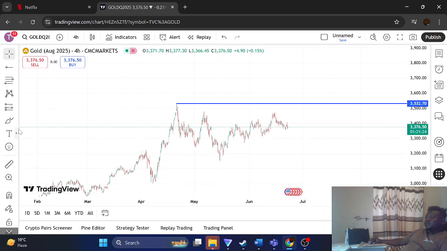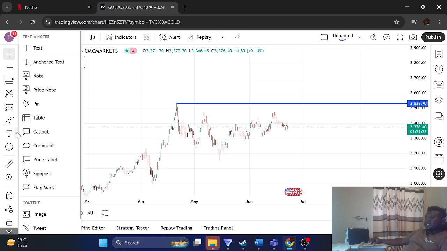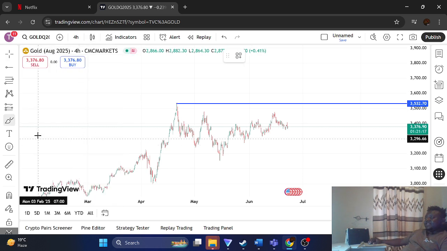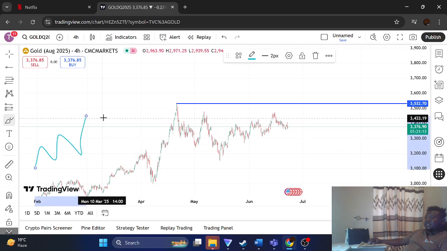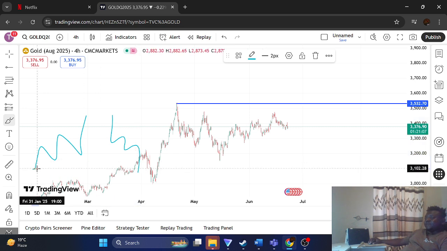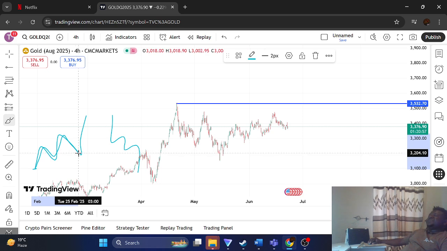Based on this, let me just do a quick recap on what a trend is. There is an uptrend and a downtrend. This is an uptrend and this is a downtrend. In an uptrend, the market is creating higher highs as it goes up, and higher lows as it goes up.